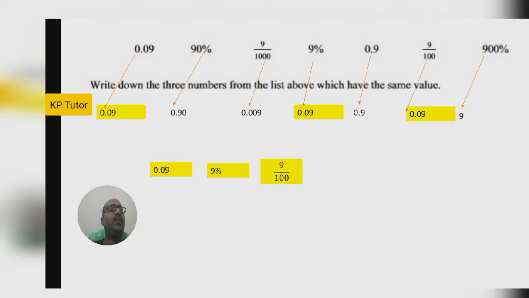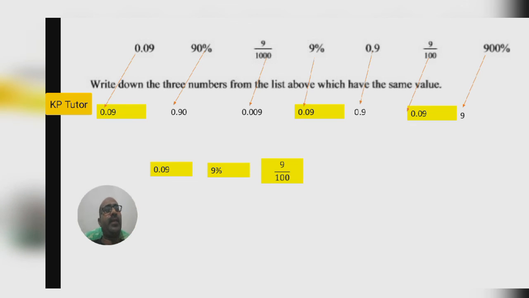Then check which are the same decimal number you got. So 0.09, 9%, the ones I highlighted in yellow are the same. That means the answer is 0.09, 9%, 9 by 100.